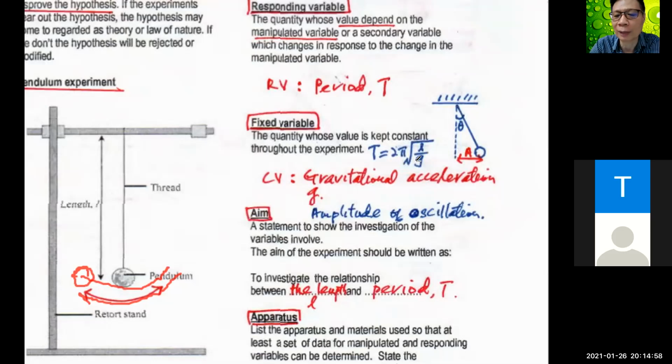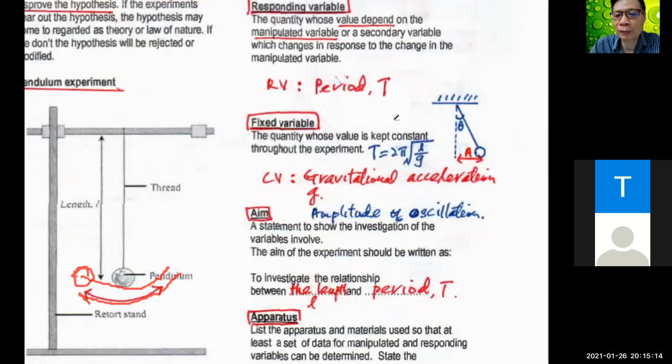Mass is wrong, okay. Maybe your school teacher will also say mass, but actually it is not correct. Believe what I say, it is length and gravity.